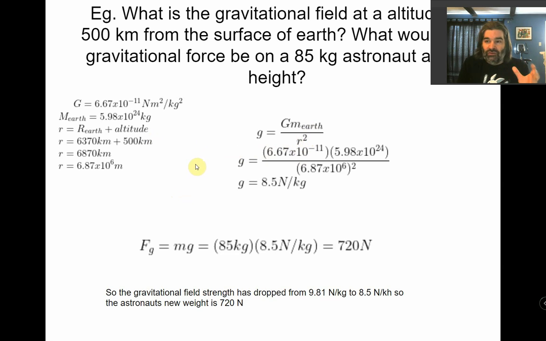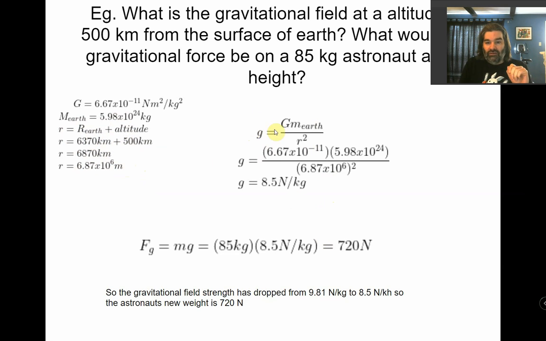The Earth doesn't have a radius of 0, so you actually have to add the radius of Earth to the altitude before you start, and then convert it to meters, because to get newtons we need meters. By the way, this is the biggest mistake people make on these questions: they either forget to add the radius of Earth, or they forget to turn it from kilometers to meters. If you get that right, the rest of it's just plugging in.